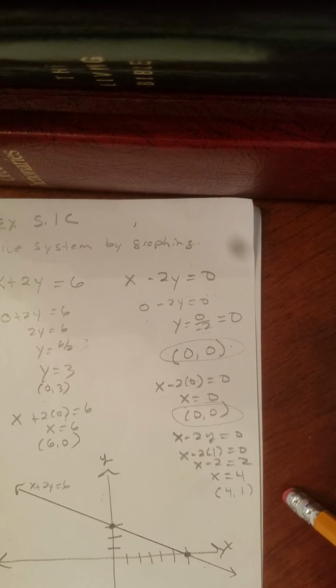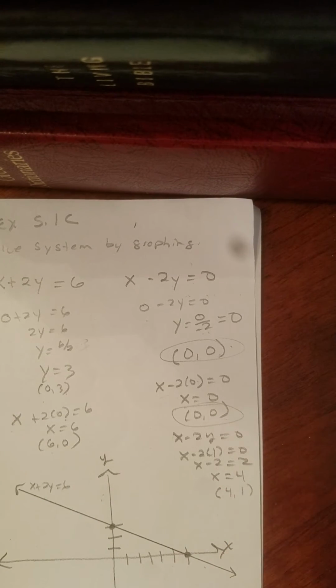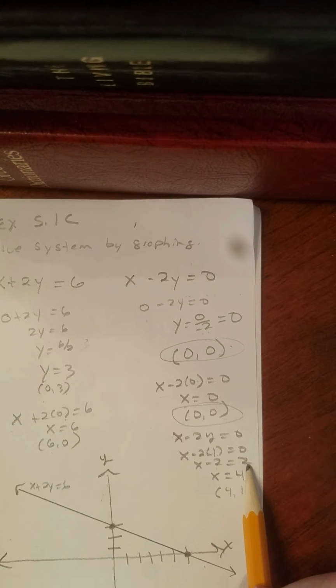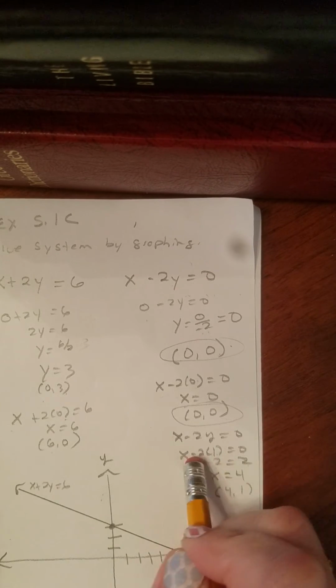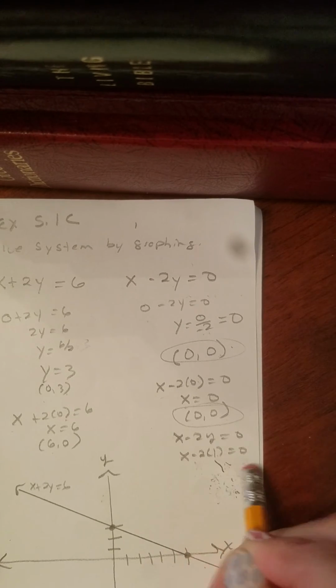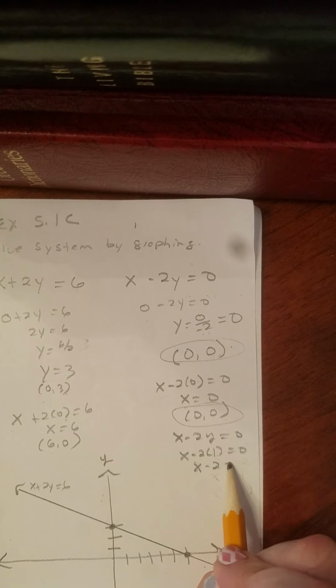No, it's 0. Sorry. Oh, because that's 0. Sorry. That's still going to give me 0, 0, isn't it? Hang on. Let me go back to it. Sorry. So this is going to give me x minus 2 equals 0.